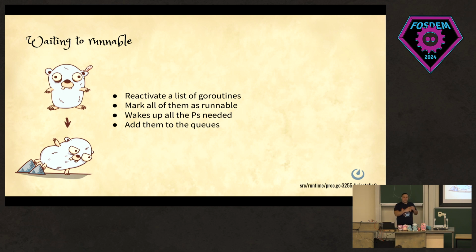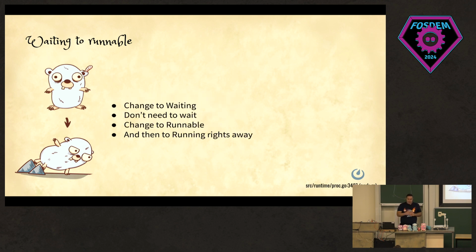Another way is when you reactivate a list of goroutines. That happens, for example, when the garbage collector has to reactivate some of the goroutines that were marked as waiting for the garbage collection phase, for the mark phase. And when that's finished, it's going to wake up a list of goroutines. Another case is when it doesn't need to wait.